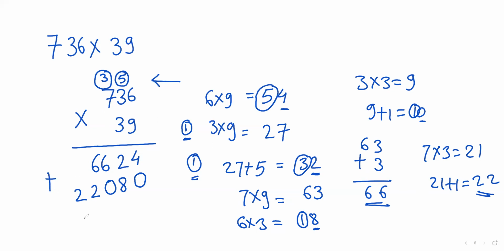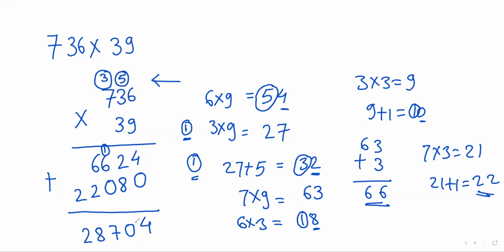Now add these two numbers, what will we get? 4 plus 0, 4. 2 plus 8, that is 10, carry 1. 6 plus 1, 7. 6 plus 2, 8, and this 2 as it is.